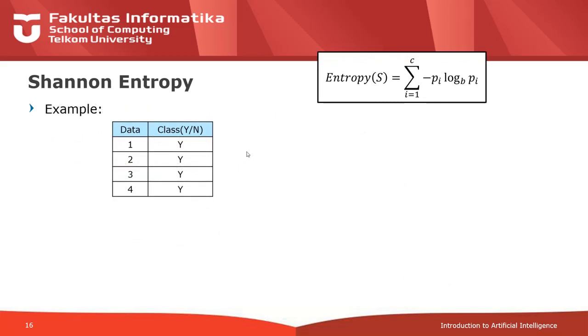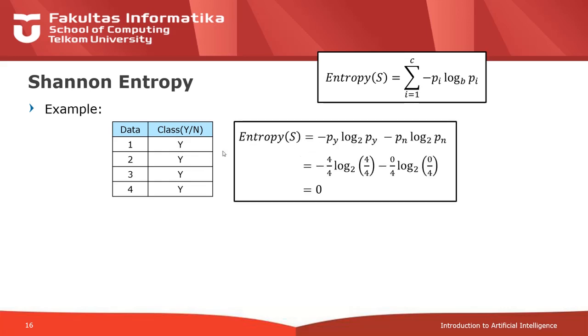Let's take a look at this example. What do you think the entropy of this attribute will be? Based on the previous description, if all of the rows in this attribute have the exact same value, then it will be completely homogeneous. Because all of these are yes, and the possible values are yes and no, the entropy should be 0. We can prove it.